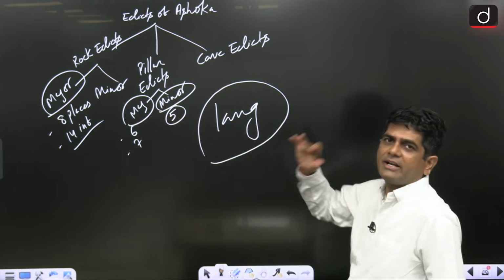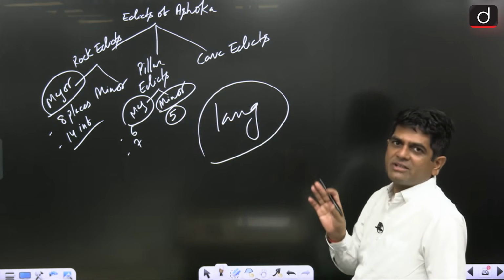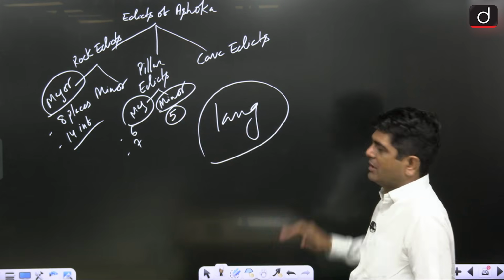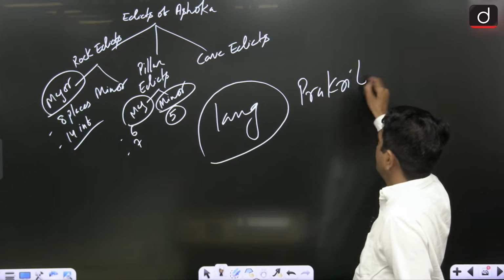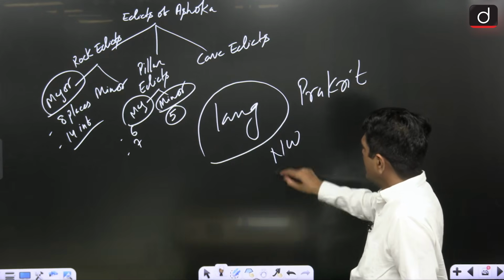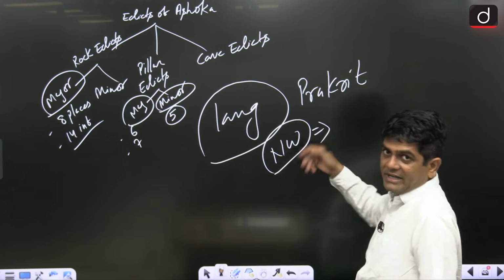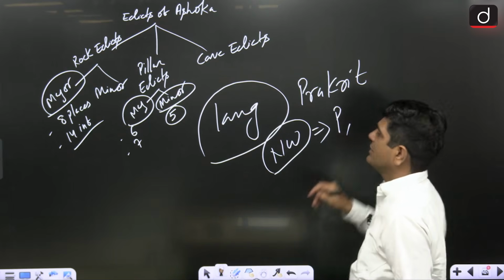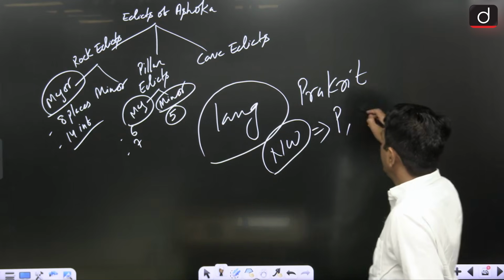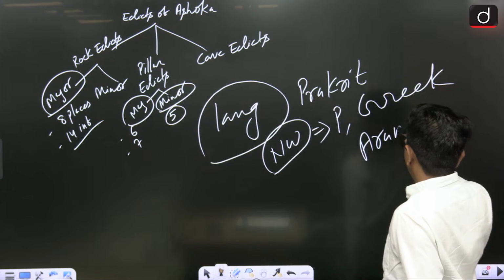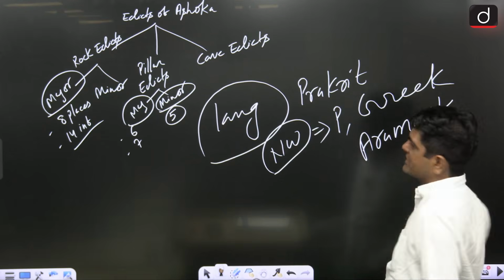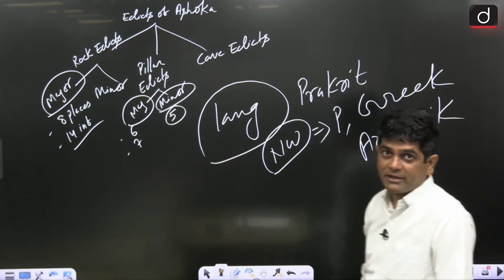In North India, eastern India, central India, western India and the Deccan, Ashoka mainly used Prakrit. While in the northwest part, in many inscriptions he used Prakrit, and in a few inscriptions he used Greek and Aramaic language as well.